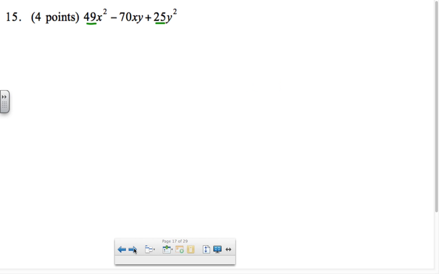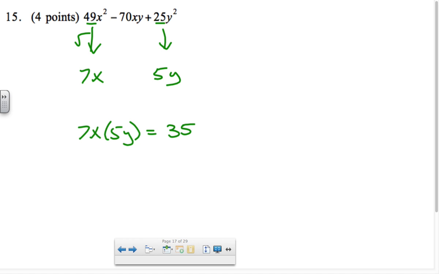Likewise, this one. Square root of 49 is 7. Square root of x squared is x. Square root of this is going to be 5y. If I multiply those together, I get 35xy. And if I double that, I get 70xy. So I almost get the middle term, except it should be negative.